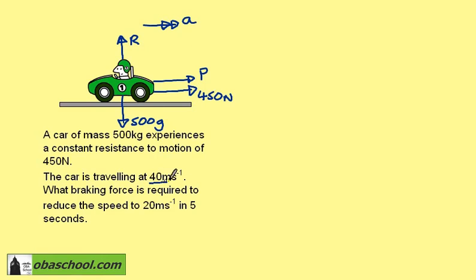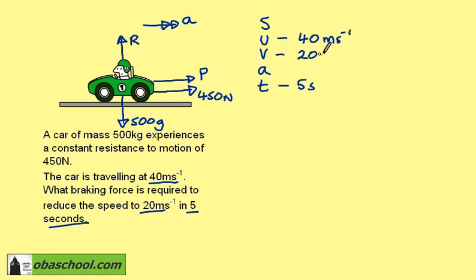Now consider this information. This is SUVAT information and enables us to work out the acceleration. So write down SUVAT: 5 seconds to reduce speed from 40 meters per second down to 20 meters per second.